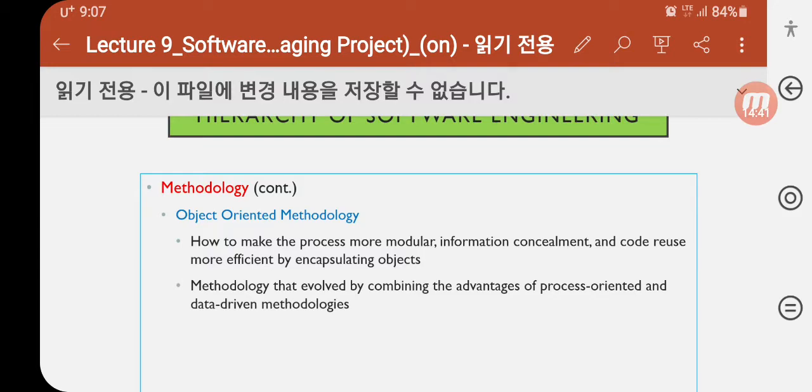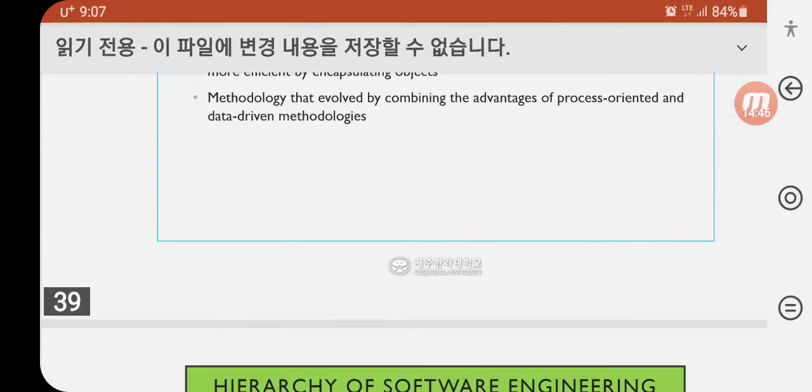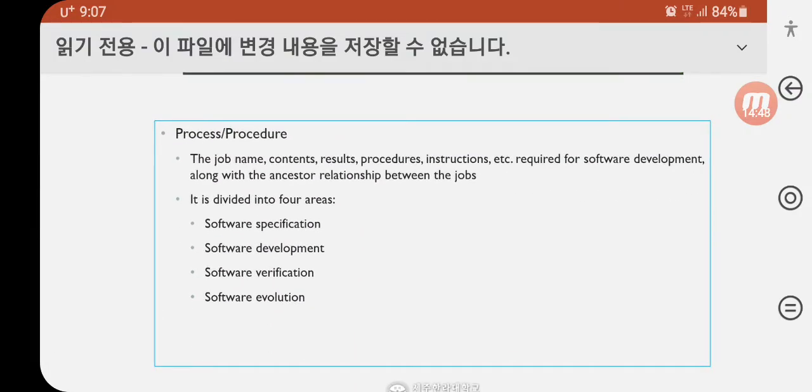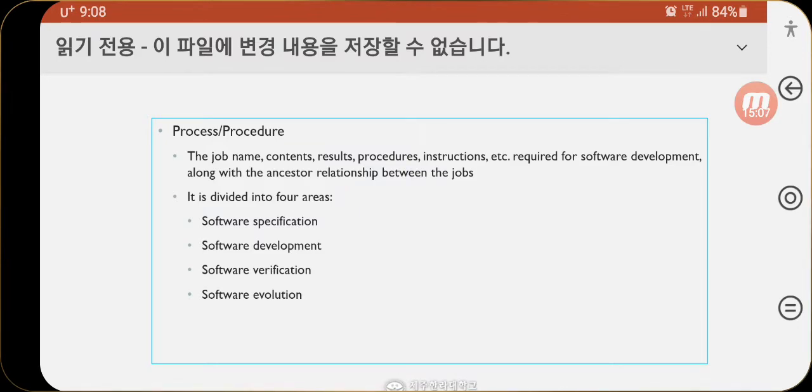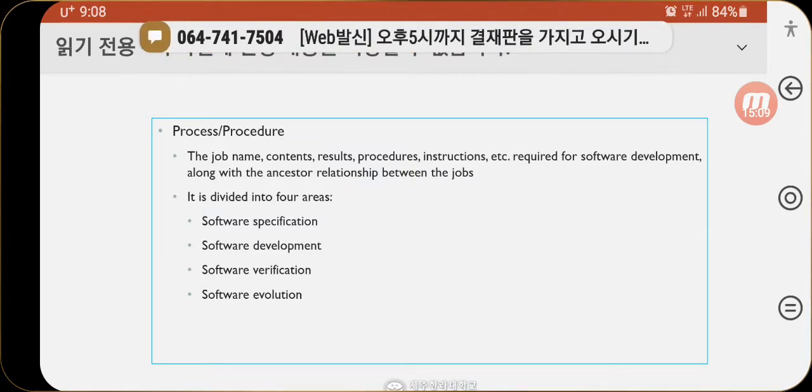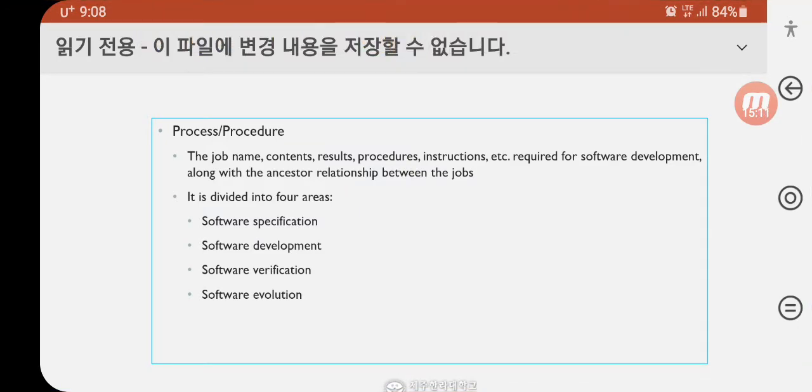Next, process or procedure layer. This layer includes the job names or task names, contents, results, procedures, and instructions required for software development, along with the ancestral relationship between the jobs.